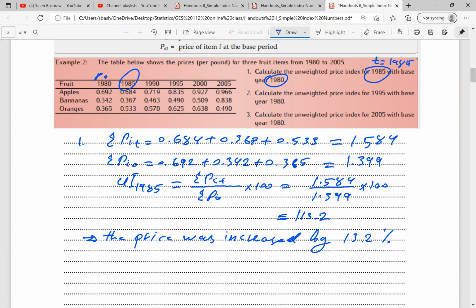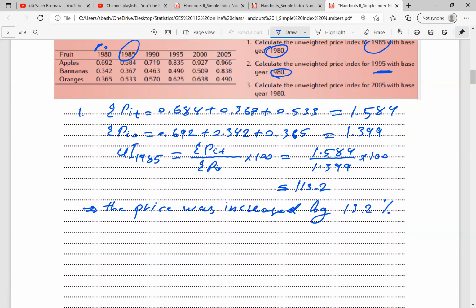The second one, we need to calculate the unweighted price index for 1995 with base 1980. So for this one, number 2, take the price for 1995.